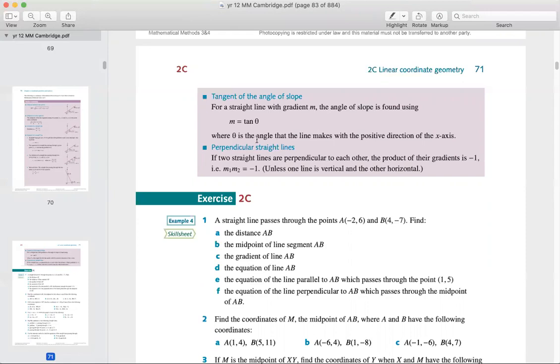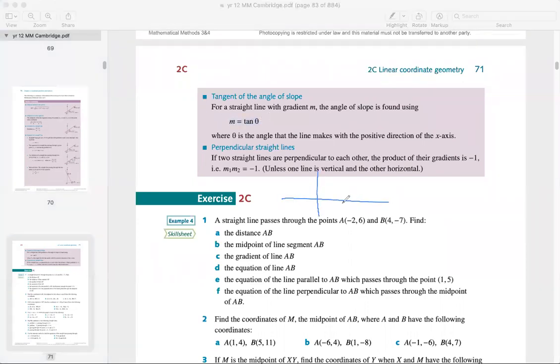Okay, the reason why m equals tangent theta, I can give you an example. Let's imagine we have one line over here, y equals x, and m is just 1. This line and the x-axis have an angle of 45 degrees, right? Or we call it pi on 4. So tangent pi on 4 is 1. Okay, that's why tangent theta equals m.